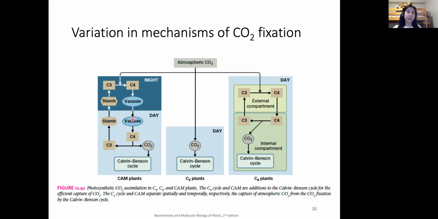During the daytime, this C4 compound can release carbon dioxide for Calvin-Benson cycle fixation, and C3 is then stored in the form of starch. And this starch during the night can release C3 compound and fix another round of carbon dioxide to become C4 again.